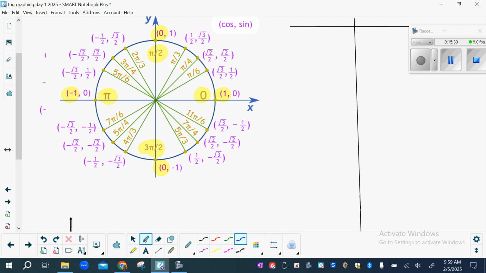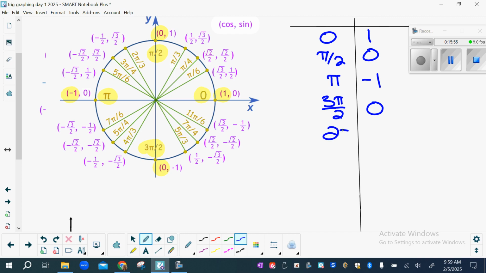I'm going to start at 0, 1. I'm going to go to pi over 2, and it goes to 0. I'm going to go to pi, and it goes to -1. I'm going to go to 3 pi over 2, and it goes to 0.